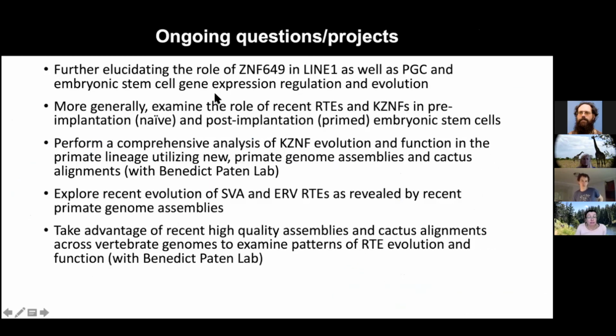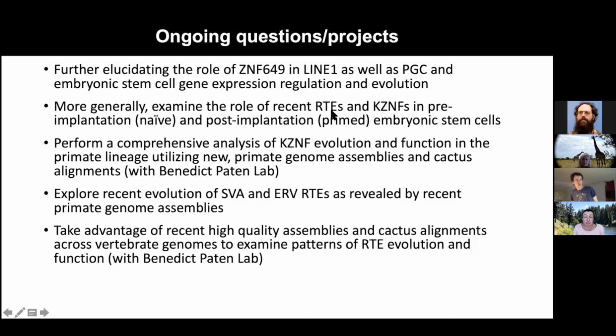Just for the new students, we're still working on further elucidating the role of 649 in LINE-1s, as well as primordial germ cell and embryonic stem cell gene expression regulation and the evolution of that gene regulatory network.